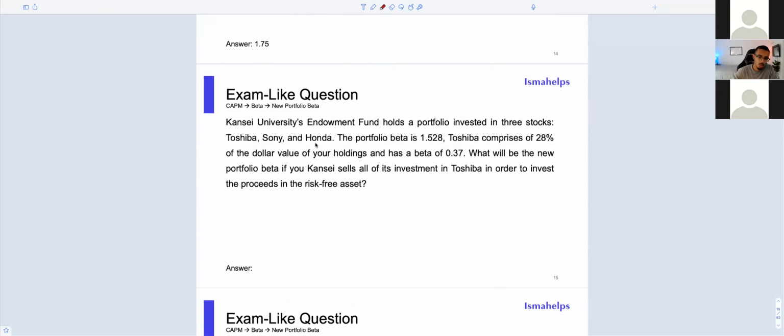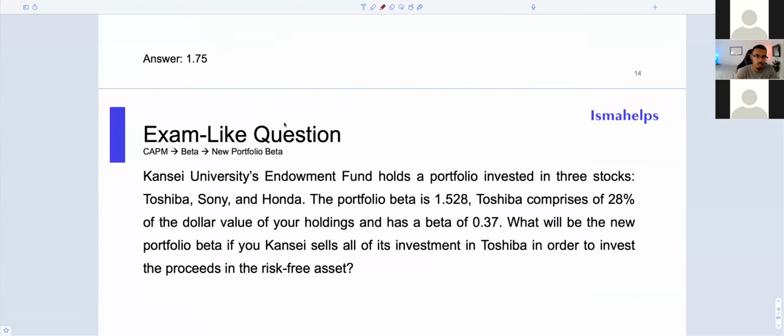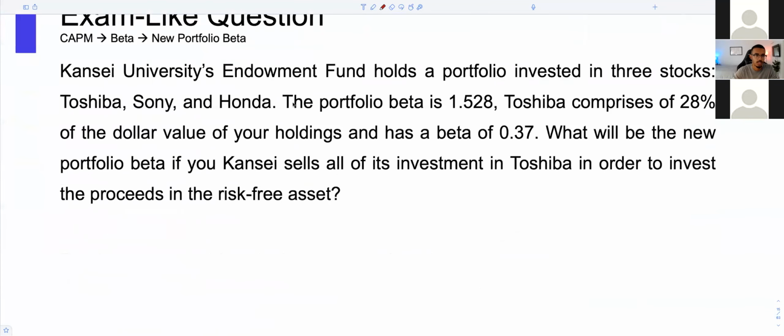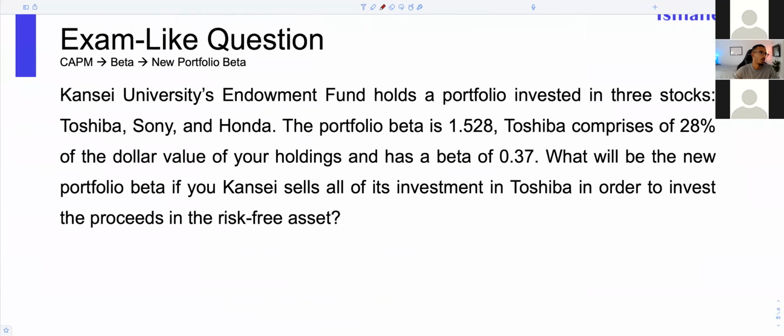So let's do this one. This is going to be a new portfolio beta question, kind of straightforward, to be honest, but important nonetheless to walk through. We're going to do this one, then another question, then we're going to move on to market efficiency.